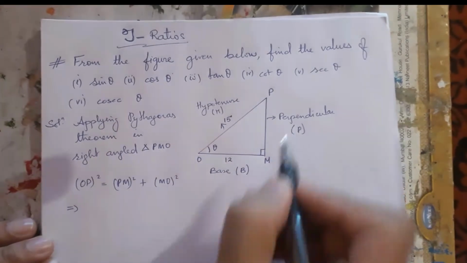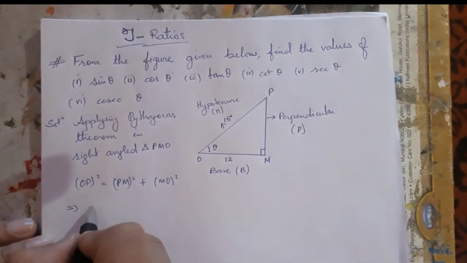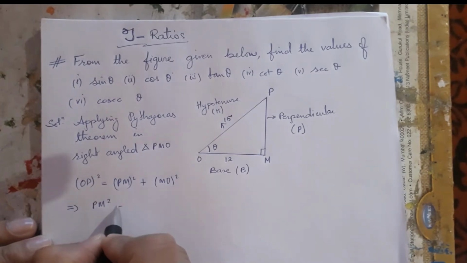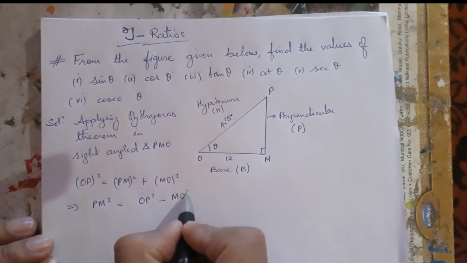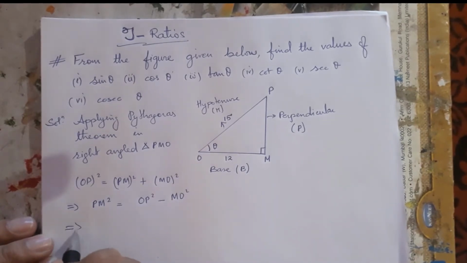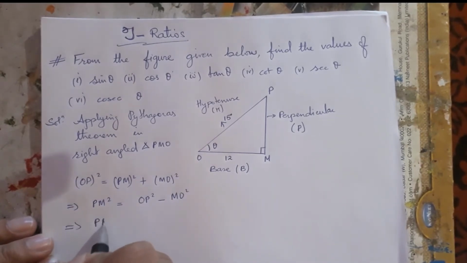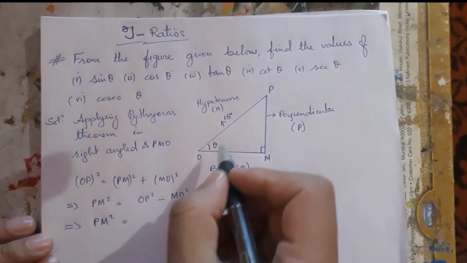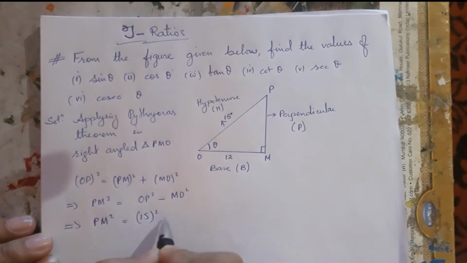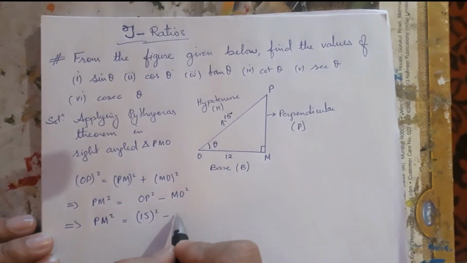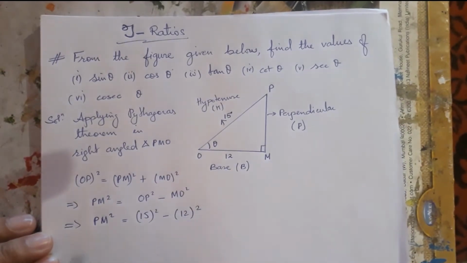Now we need to find out what is PM. So we can write PM square is equal to OP square minus MO square, implies PM square is equal to, what is the value of OP? It is 15 square and the value of MO is 12 square.